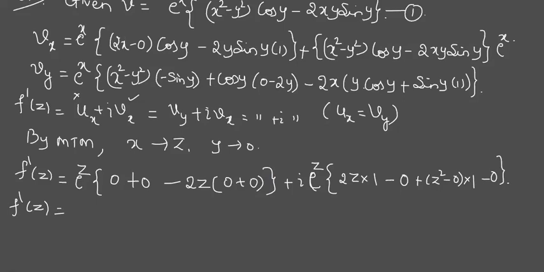Only e raised to z into z square plus 2z, e raised to z into bracket z square plus 2z. Something else is there, but this is entirely 0, not to worry. Here you have an i, don't forget. This is my f dash of z.